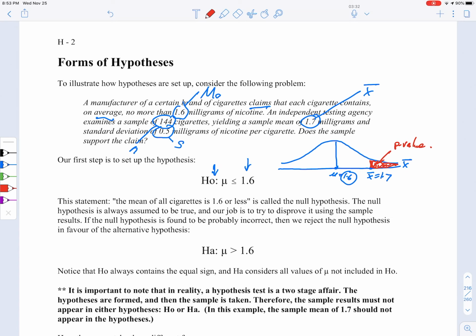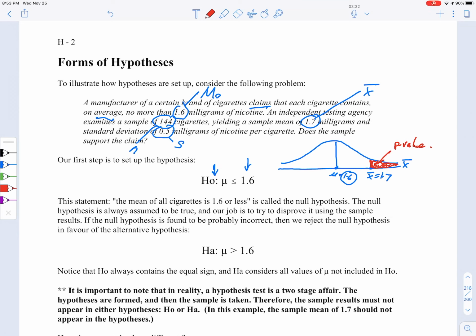If the p-value is really small, way out in the tail of the distribution of all possible sample means, a small p-value indicates a significant difference between the X bar value that we got from the sample and the hypothesized value. Usually we use about 5%.